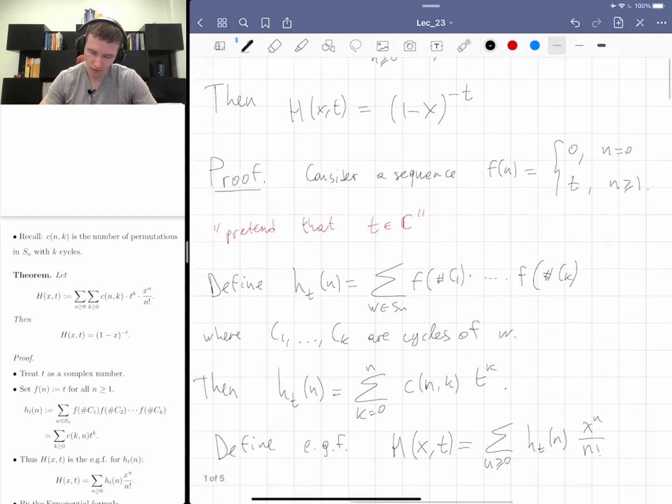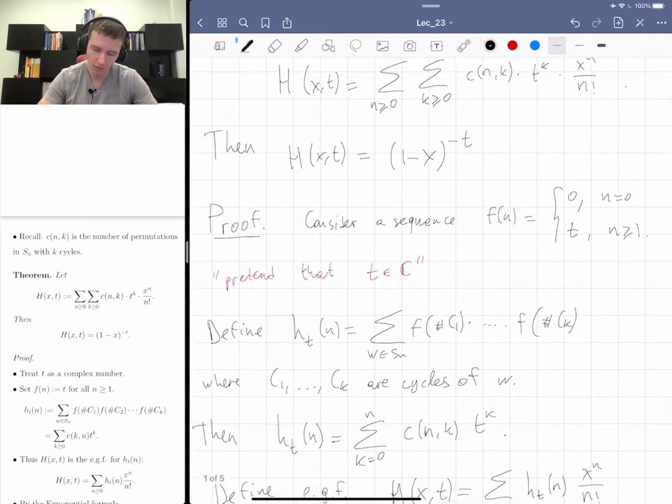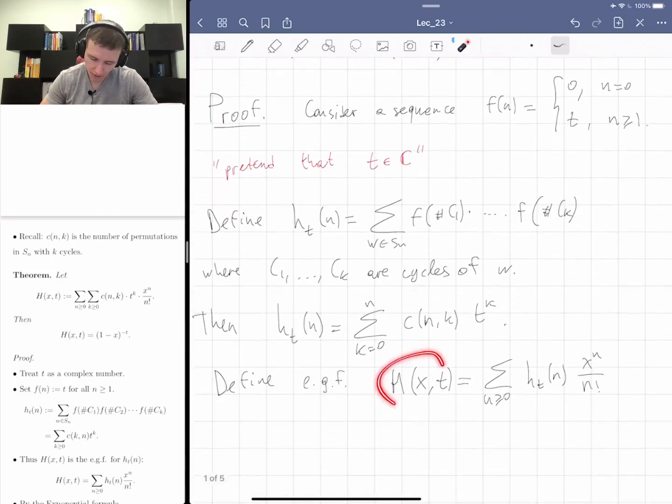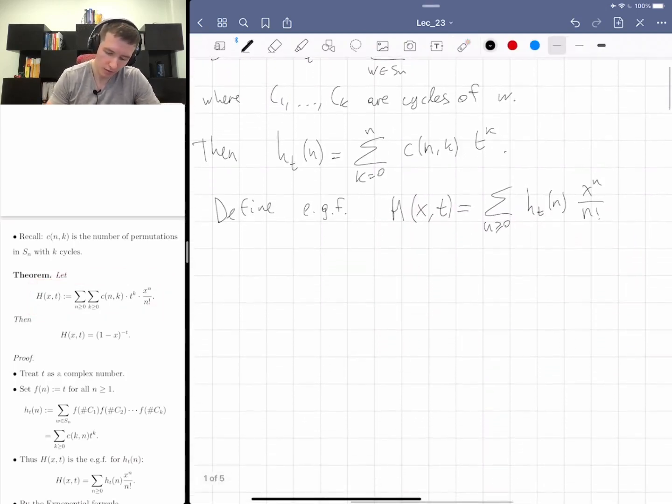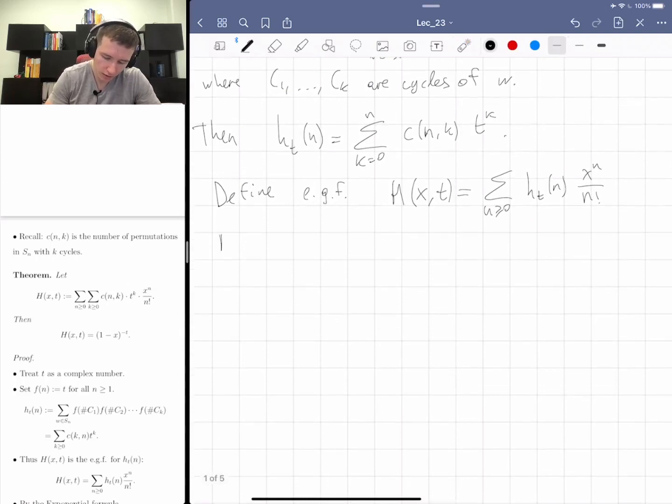If you compare it to this guy here, then it's exactly the same as the function in the theorem. So all we have to do is compute it, and we can do it by the exponential formula, permutation version.